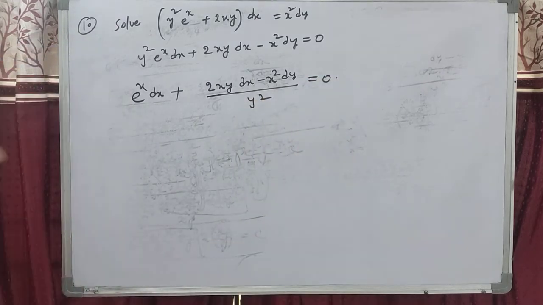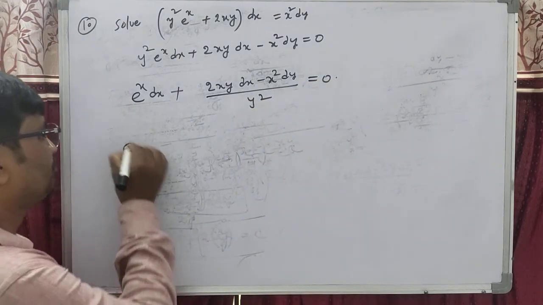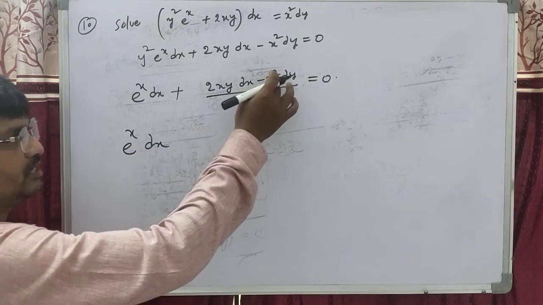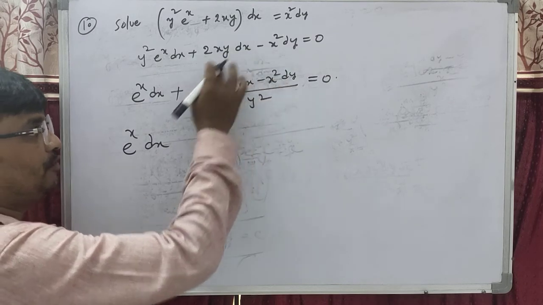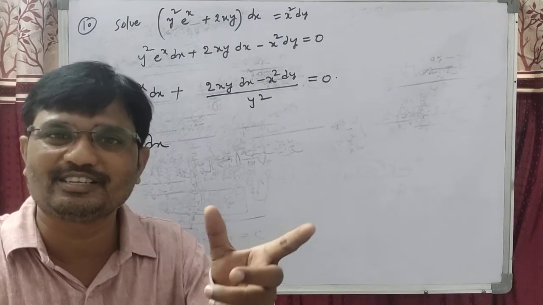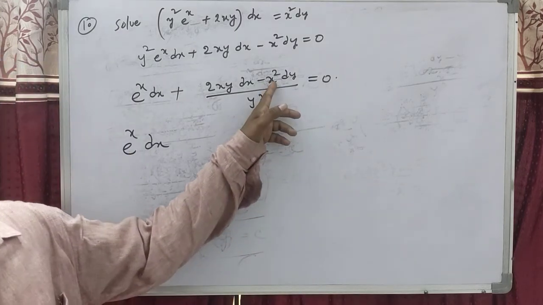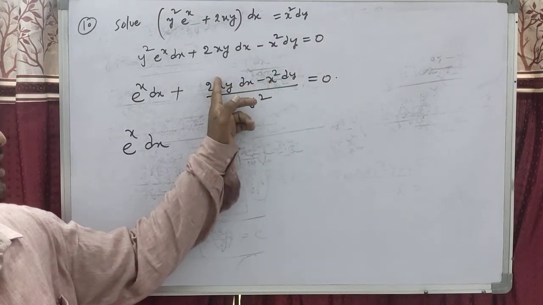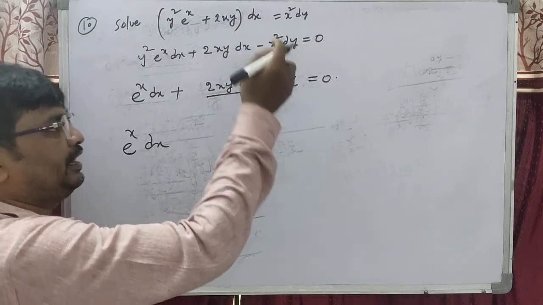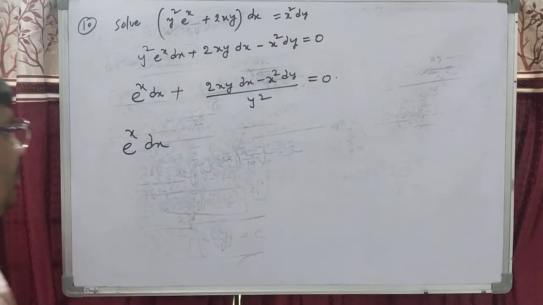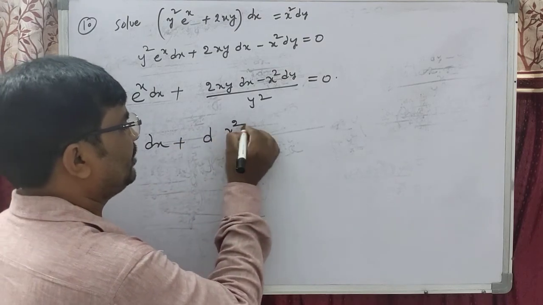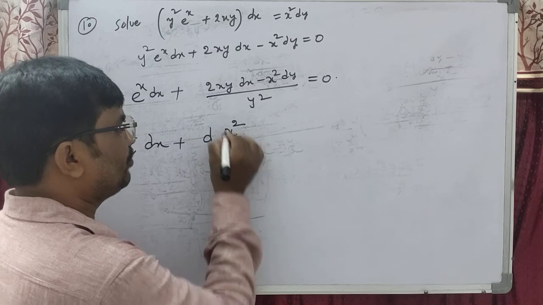Dear students, when you observe here, y square is there, x square is there, and the derivative of x square is 2x. The simple logic is: there is x square, the derivative of x square is 2x dx, but here y is there, so the derivative of y is dy. So you can observe it is the derivative of x square by y.